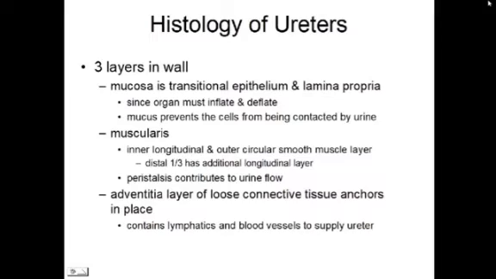In the mucosa of the ureter, we have the transitional epithelium, and it is lying over the lamina propria. Since the organ must inflate and deflate, nature has provided the transitional epithelium.